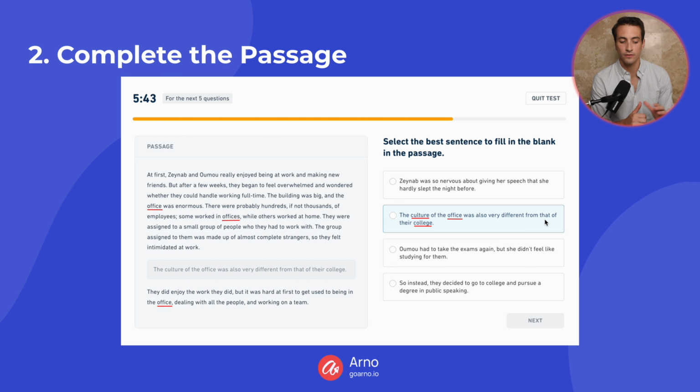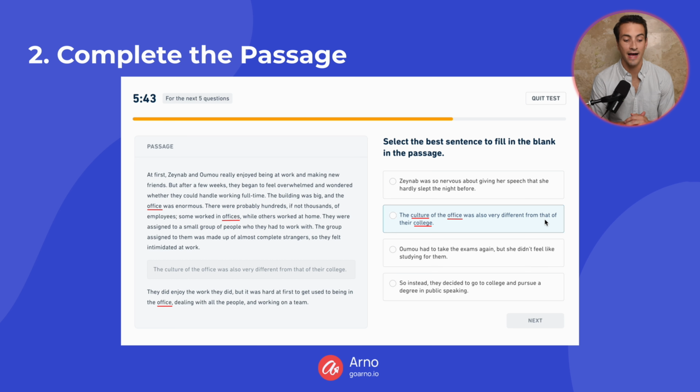So culture doesn't appear in the passage directly. However, the passage is describing the culture, the environment, what it is like to be at the office. So although the word culture isn't used, the passage discusses culture. So this option may be relevant.